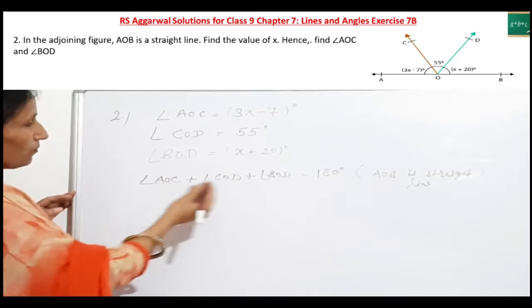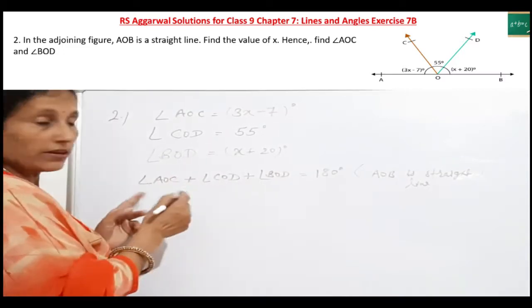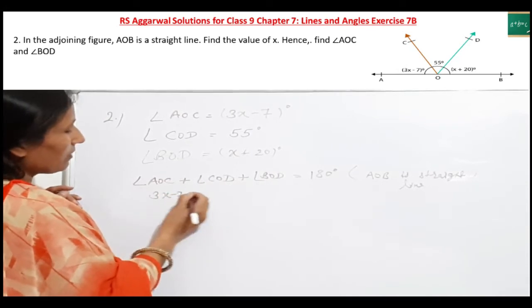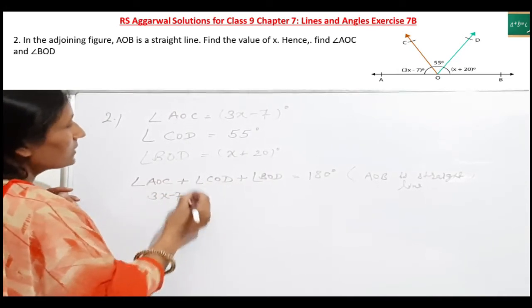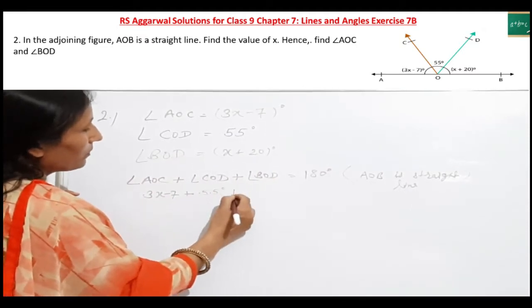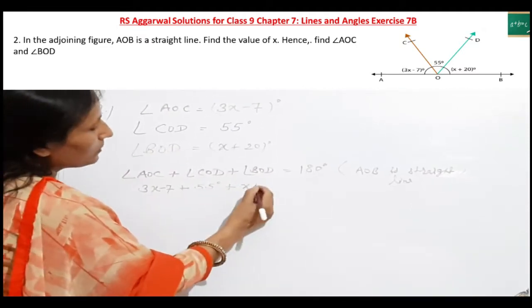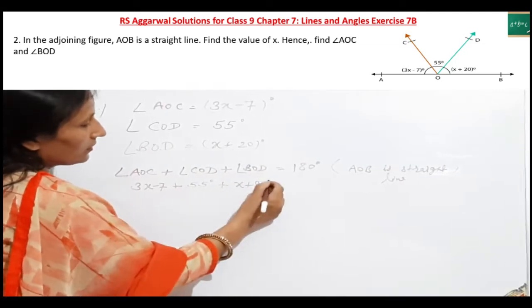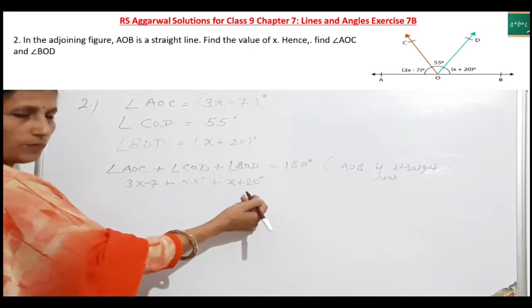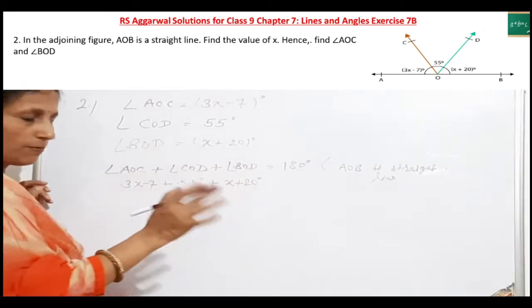Now the value of all angles we will write. Angle AOC 3x minus 7, plus angle COD 55 degree, plus angle BOD x plus 20 degree. Here you can write a bracket also, but because all are in plus, I have left the bracket.